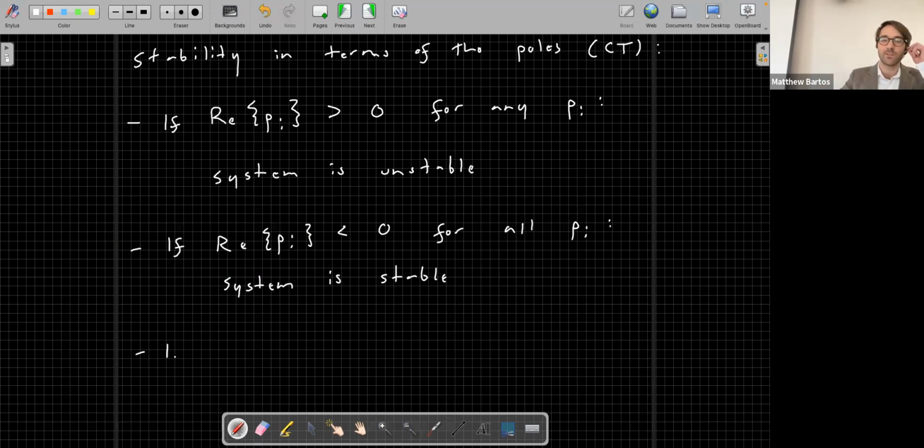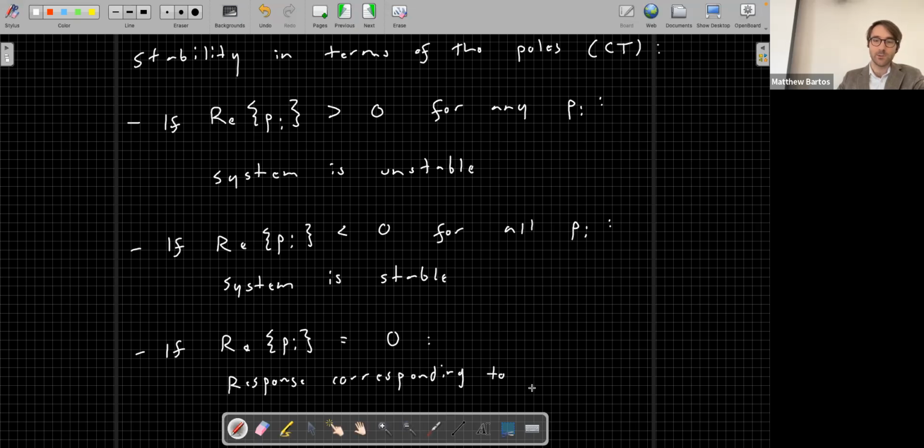If the real part of the pole is equal to 0, then we can say the response corresponding to p_i is marginally stable.